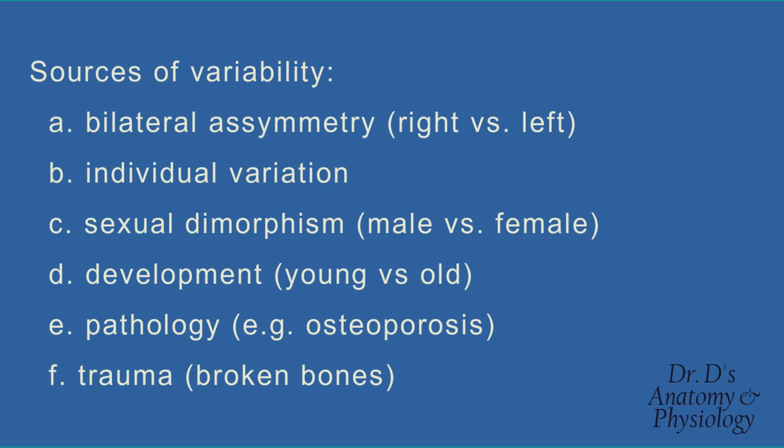Then finally, you might see some trauma, a broken bone that didn't heal properly, and if you looked at that specimen and didn't understand the trauma that occurred and how the bones didn't heal properly, you might be led to think that something that shouldn't be there is there, that the abnormality due to the trauma is real. So again, the central point is you need to keep in mind this variation exists and look at as many things as you can.